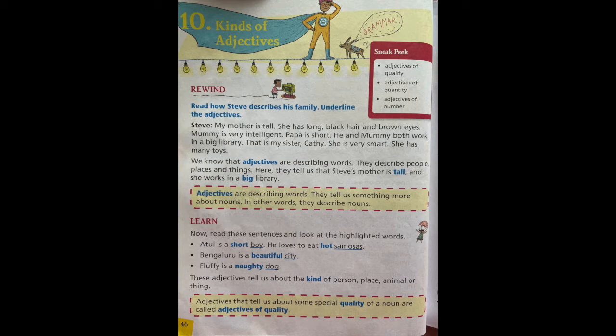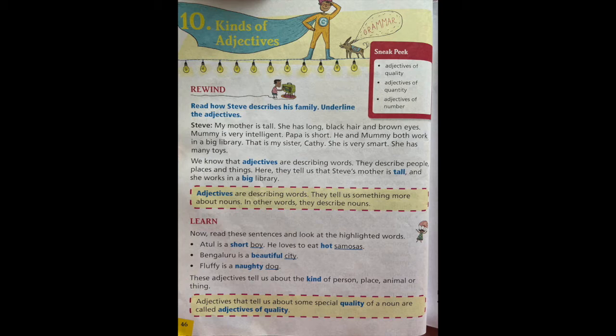Now, let's continue reading. We know that adjectives are describing words. They describe people, places, and things. Here, they tell us that Steve's mother is tall and she works in a big library.